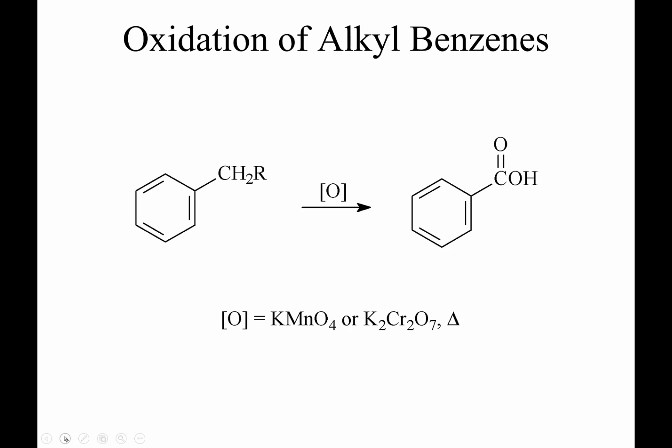Okay, we did this reaction in lab last week. If you take an alkyl group, any size, we took a methyl group last week, and you oxidize it with KMnO4, you end up converting that alkyl chain, no matter how long it is, to a carboxylic acid.